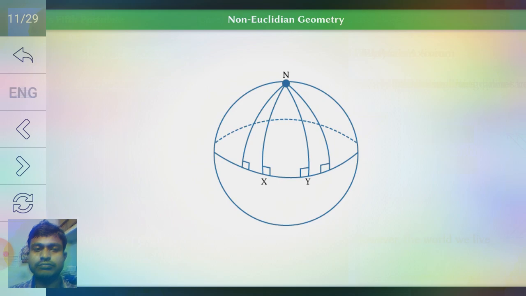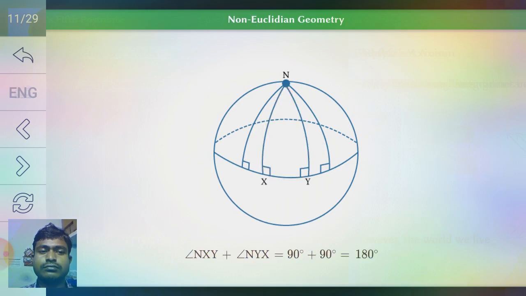It is an example of a line intersecting two lines. Here, the sum of the interior angles on the same side of line XY is 90 plus 90, which equals 180 degrees.